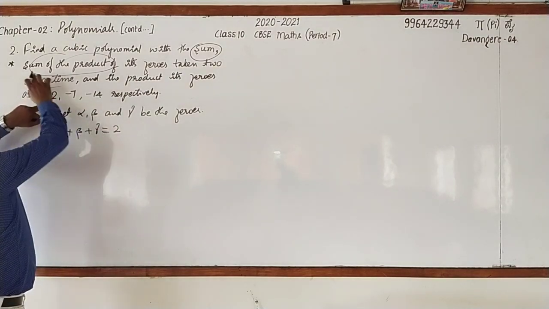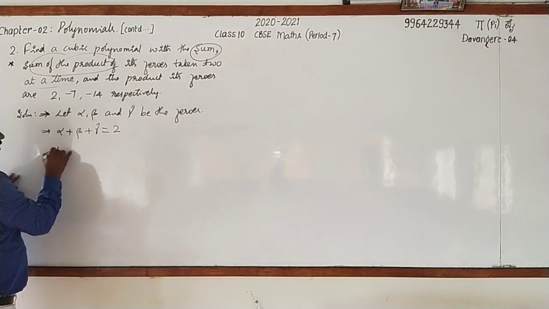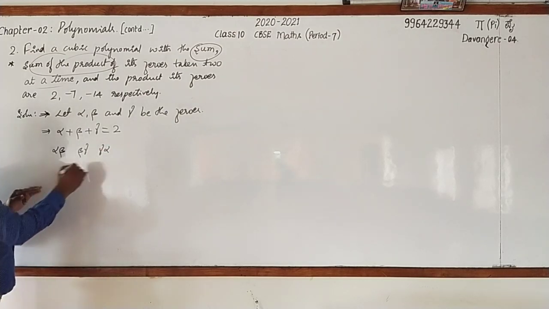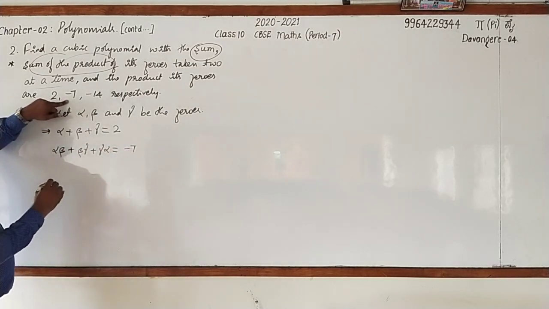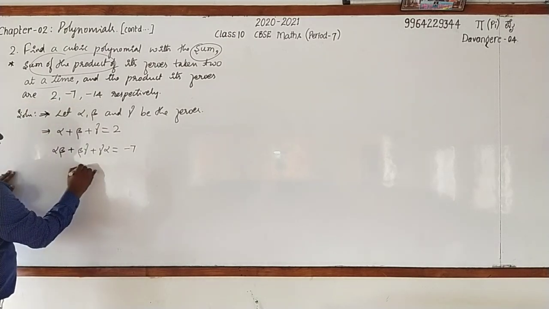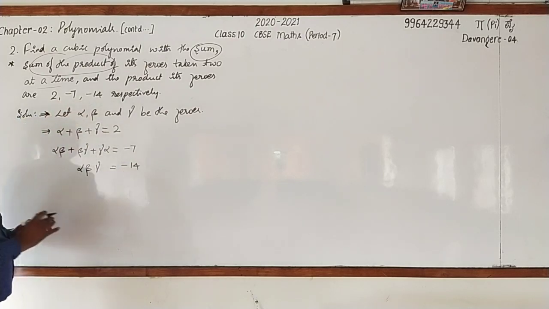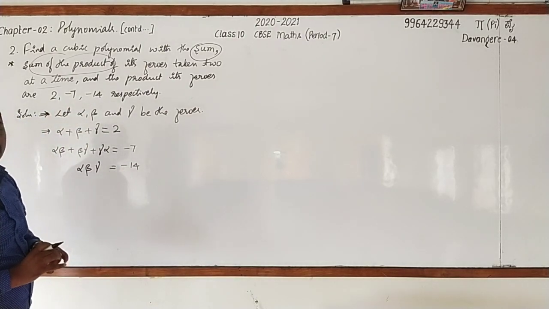Then, after that, the sum of the product of its zeros taken two at a time. Look here, alpha beta, beta gamma and gamma alpha. Their sum, how much is it? Minus 7. Then after this, they have asked for the product also. Alpha beta gamma is minus 14. Using this information, you are going to form a cubic polynomial.